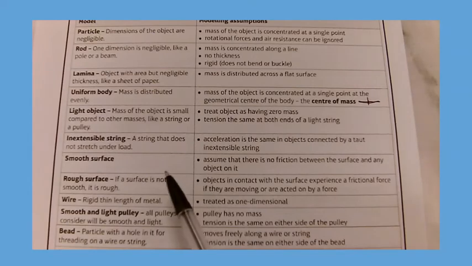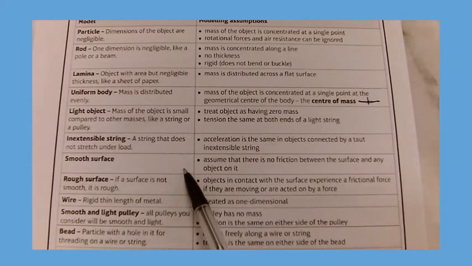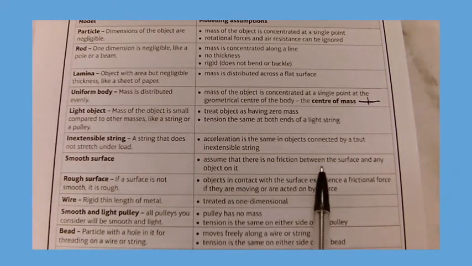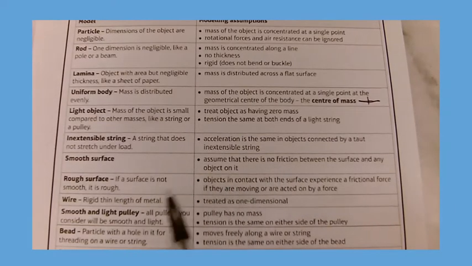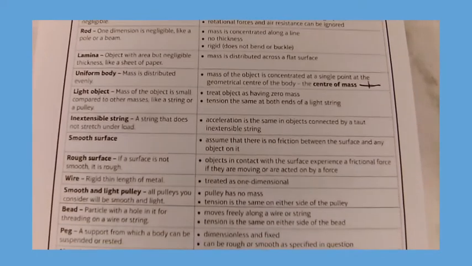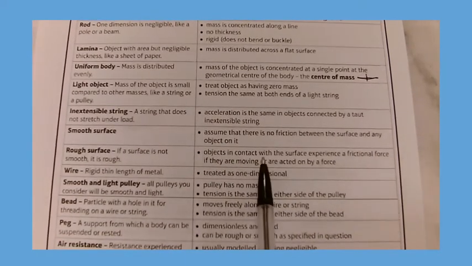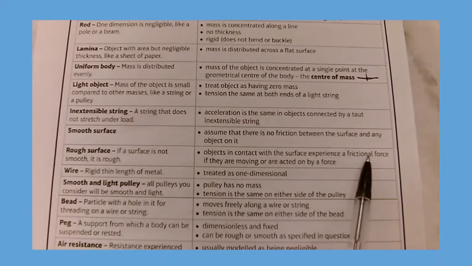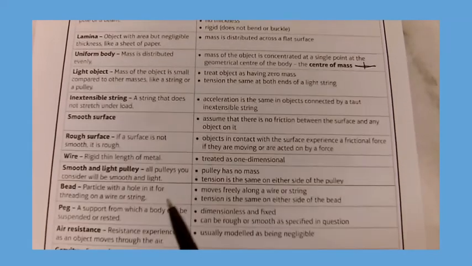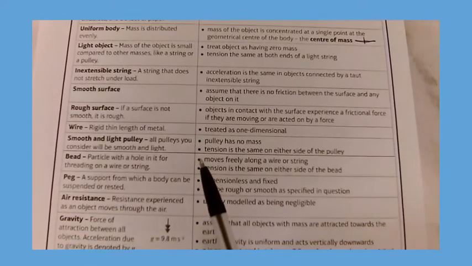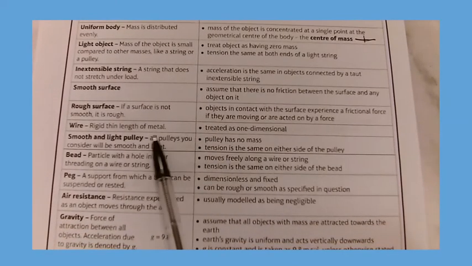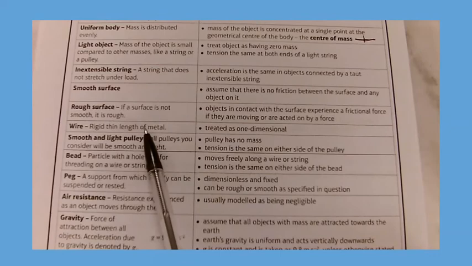The next couple you'll definitely see during the course: smooth and rough surface. A smooth surface is such that we assume there's no friction between the surface and any object on it. A rough surface is obviously the opposite. Objects in contact experience a frictional force if they're moving or acted on by a force. A wire is a rigid thin length of metal.